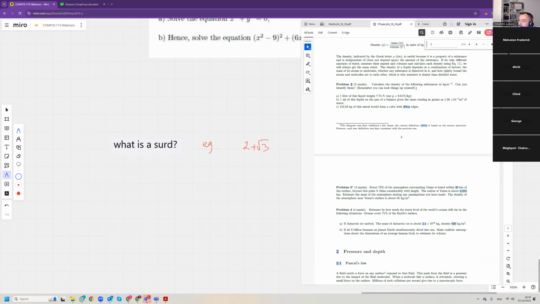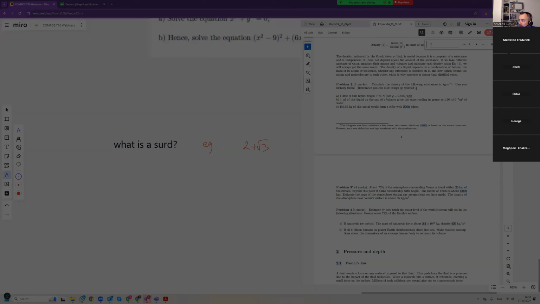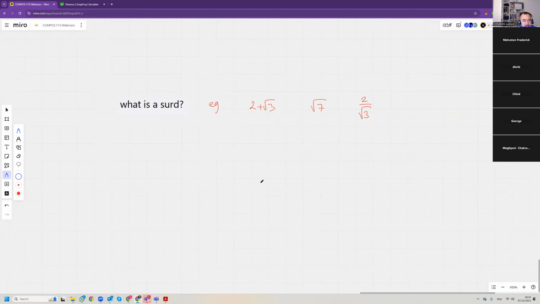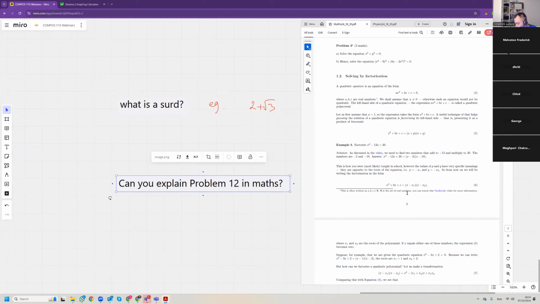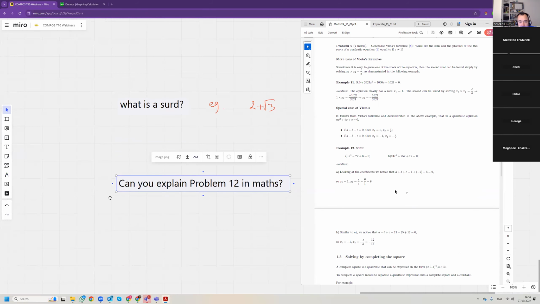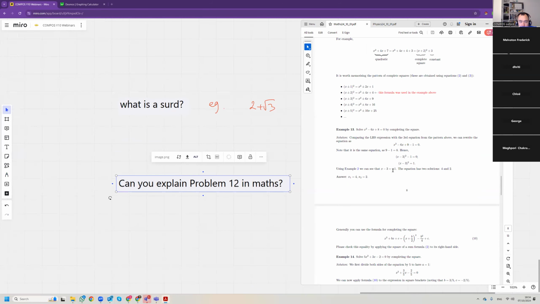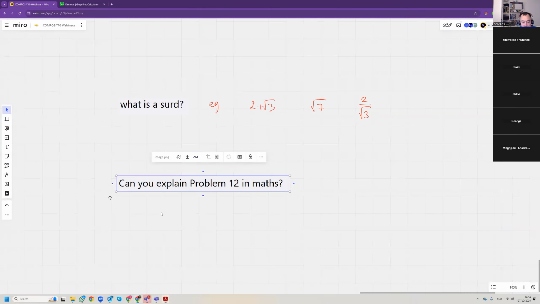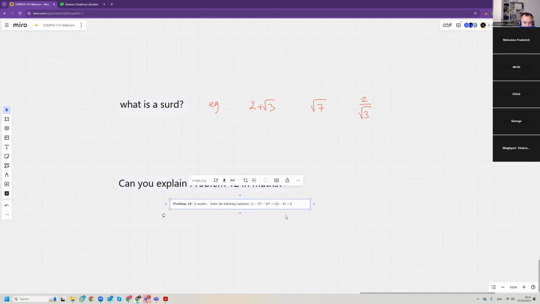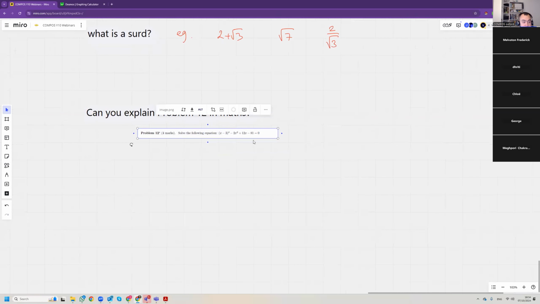Can you explain problem 12 in maths? Substitution or completing the square?